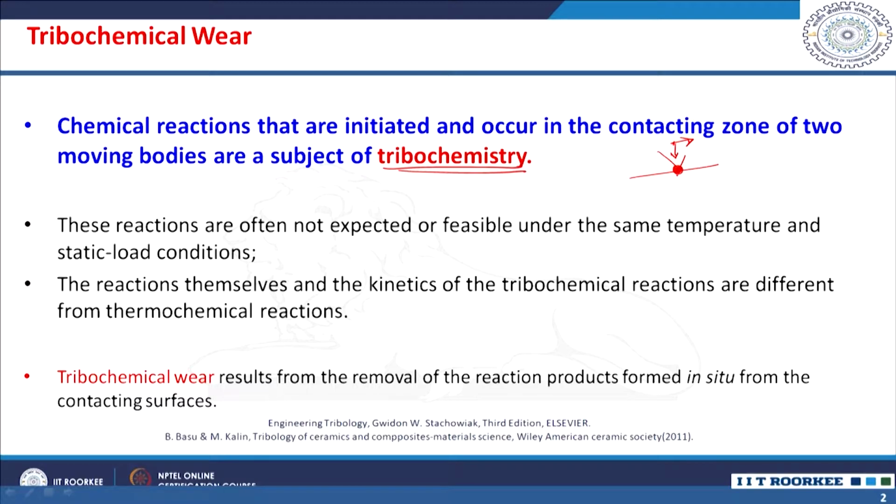So, the kinetics of these tribochemical reactions are different from normally observed thermochemical reactions. The material removal due to such involvement of tribochemistry at the contact is called tribochemical wear. So, tribochemical wear results from the removal of reaction products formed in situ from the contacting surfaces, right.